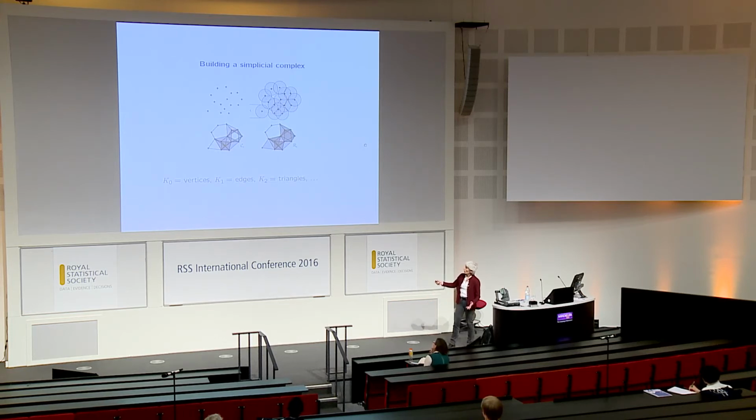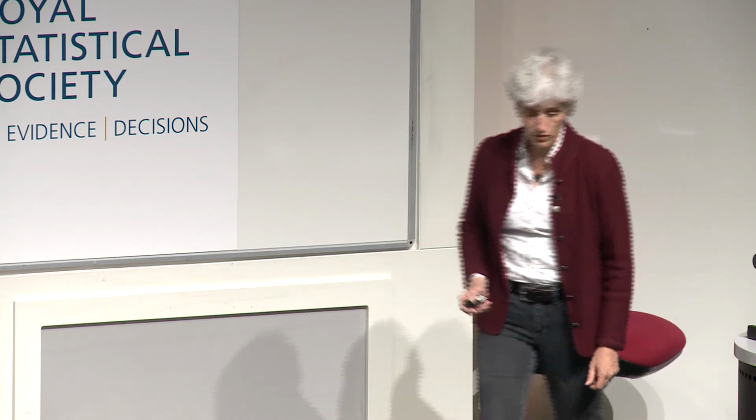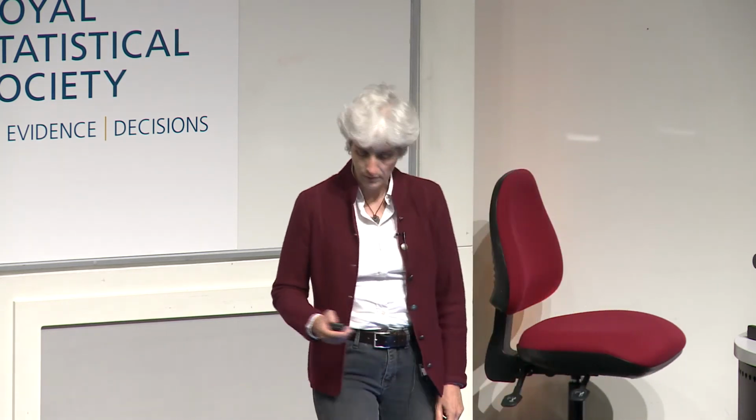And similarly, if I have 4, I fill in the triangles that I have for all subsets of 3 with the solid simplex, and so on. So I built up a complex here. A complex, in other words, I can describe as a sequence of points, the vertices, a sequence of edges, namely one edge for every 2 points that are within epsilon distance, and triangles whenever I have 3 that are within epsilon reach of each other.